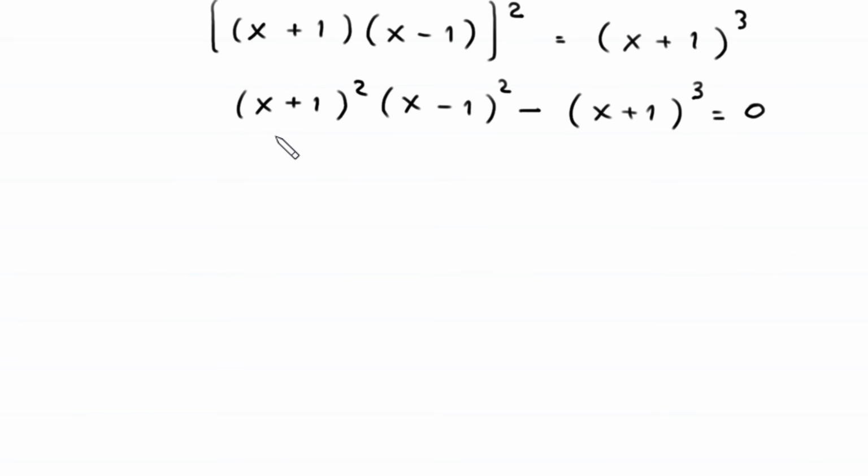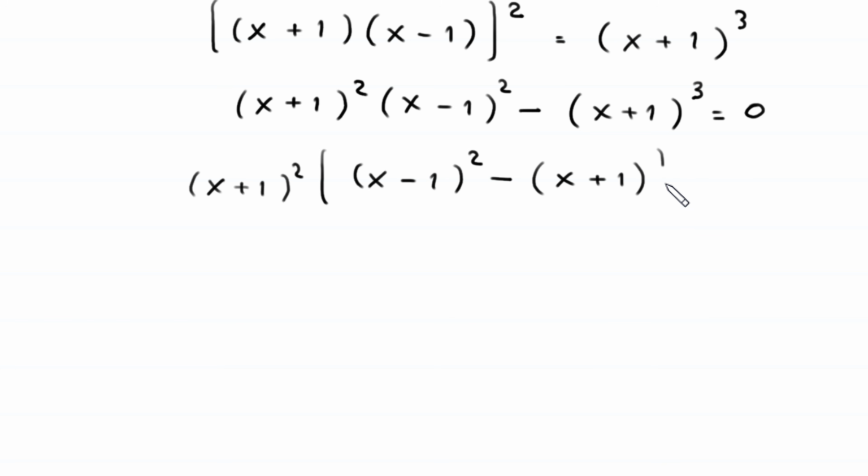Now from these two terms we can factor out x plus 1 whole squared, and in bracket left this expression x minus 1 whole squared minus, from here we are left with x plus 1 equal to 0.